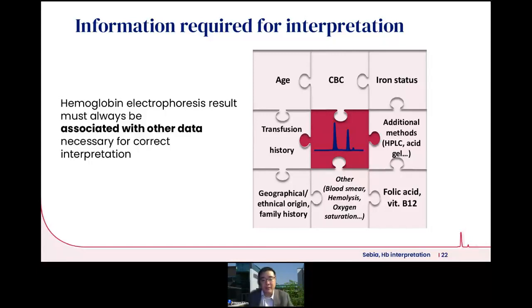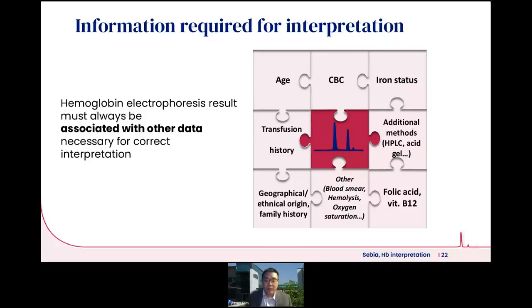That includes every other piece of clinical information available, like the age, the complete blood count, and the iron status, because iron deficiency would be a more common problem than hemoglobinopathies in some parts of the world. Importantly, also note if there is any interference from transfusion, and resort to other methods in parallel to confirm as well.